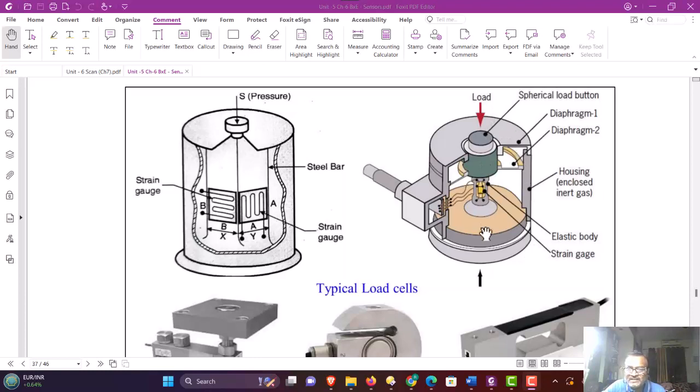You will see here there is a load cell column to which the pressure is applied, and this elastic load cell is basically a structure of metal to which the strain gauges are pasted, and these strain gauges are connected by wire to the external terminals. The cross section view is shown here.